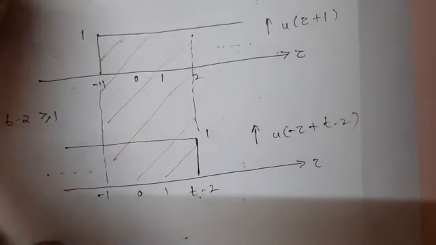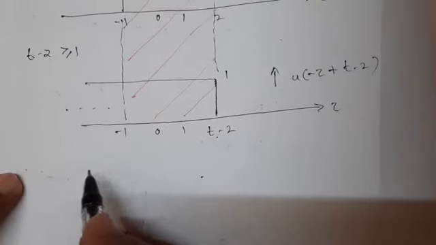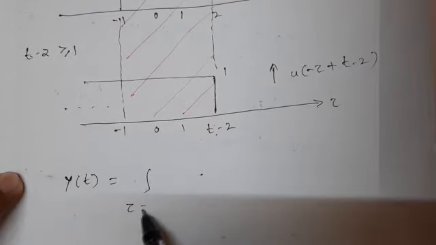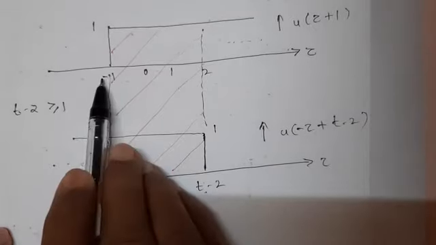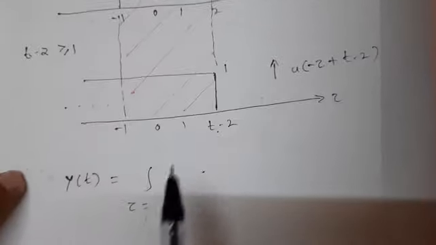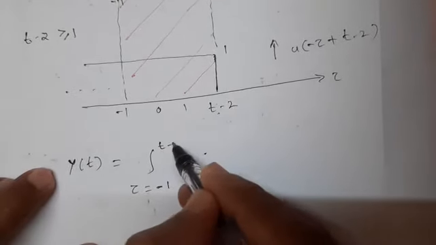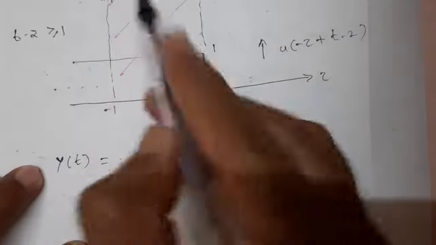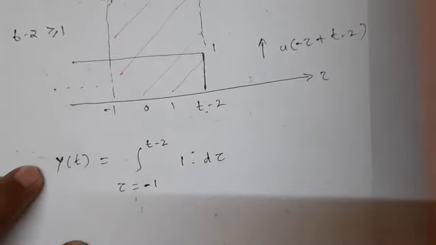So what is your integration now? Y of t is the integration with tau from minus 1, where it starts, to t minus 2, where it ends. Both the amplitudes are 1, so it is 1 d tau.